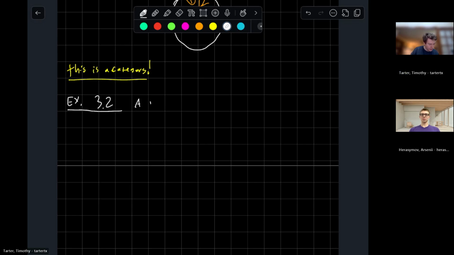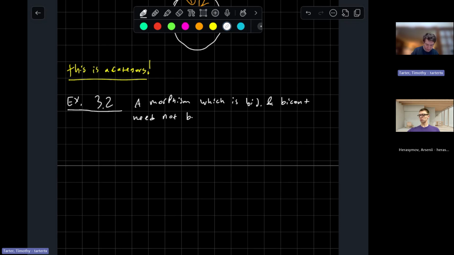So a morphism which is bijective and bicontinuous need not be an isomorphism.